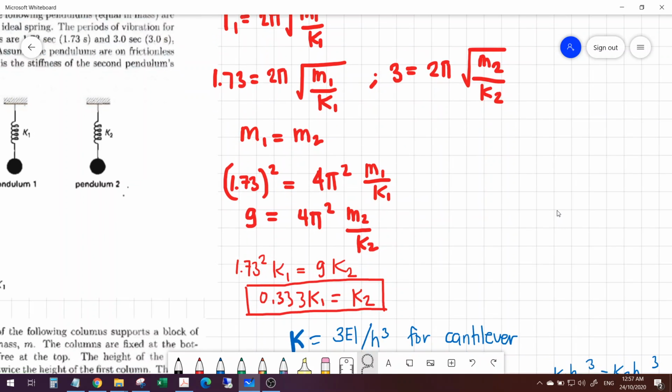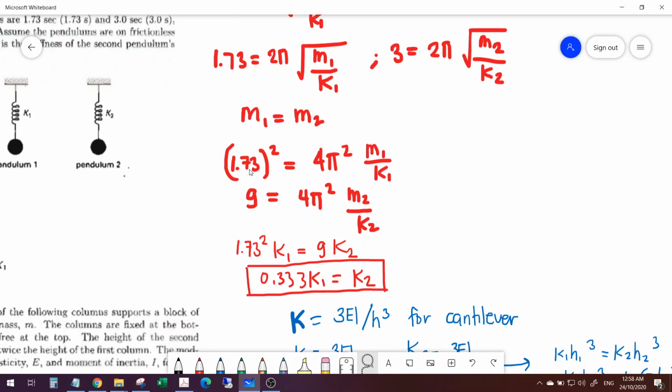Since mass 1 and mass 2 are the same, the 4 pi squared and m will cancel out.